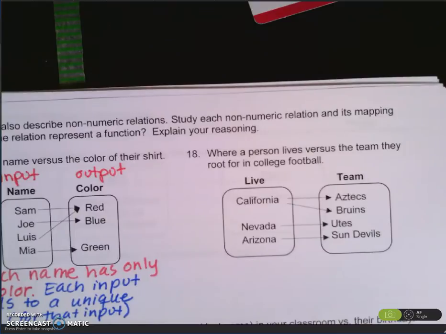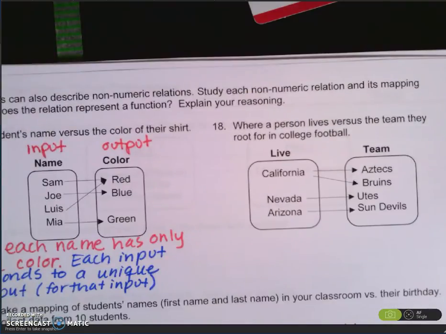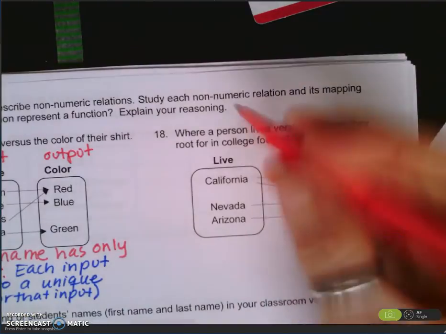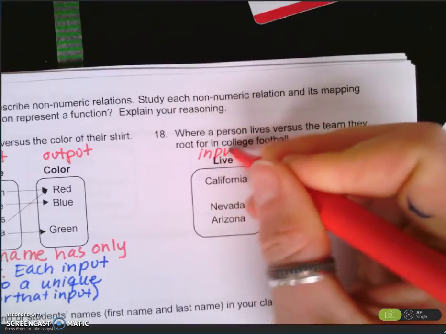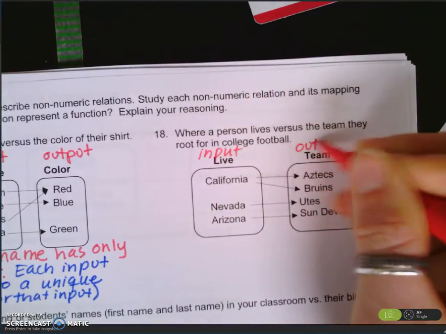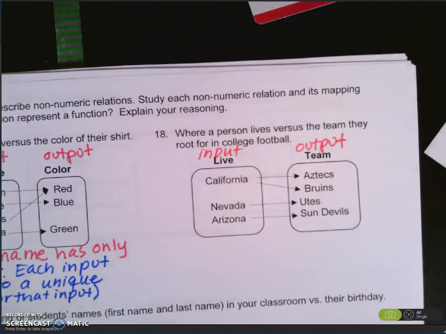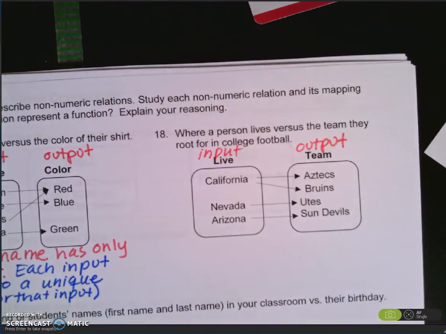Taking a look at 18, does where a person lives versus the team they root for in college football represent a function? Let's take a look. If you look at the input and the output, does every input have its own unique output? What do you think?